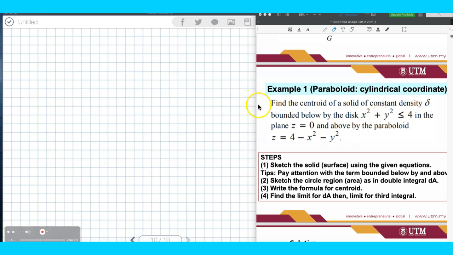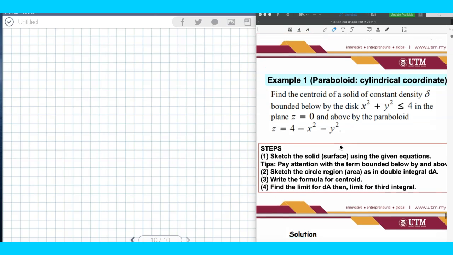So the solid is bounded below by this here, which means a circle of radius 2 in the plane z equals 0. Imagine right on the floor you have a circular region with radius 2 and bounded above by the paraboloid.